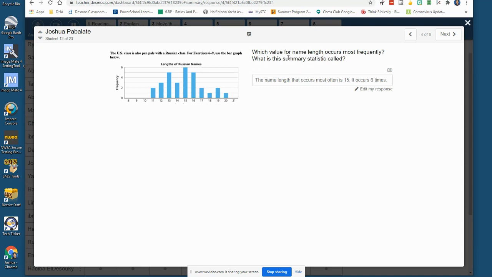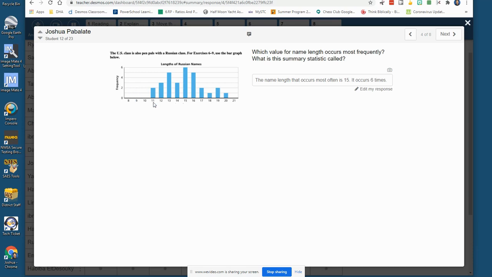Which value for the name length occurs most frequently? Well, now I can't count dots, so I have to look at the y-axis and see how far the bar goes up, and then see the frequency of that.